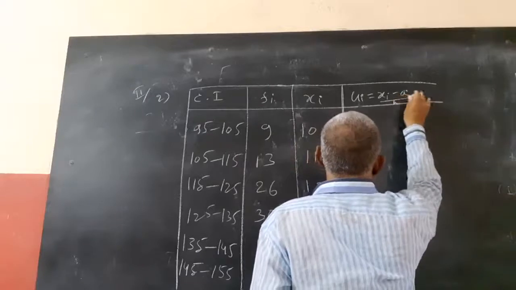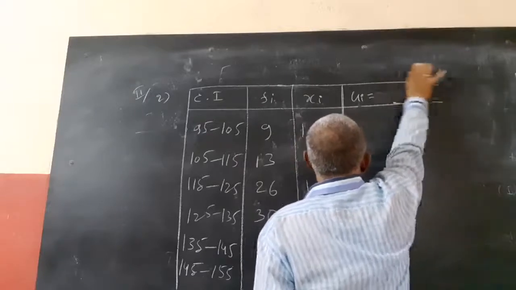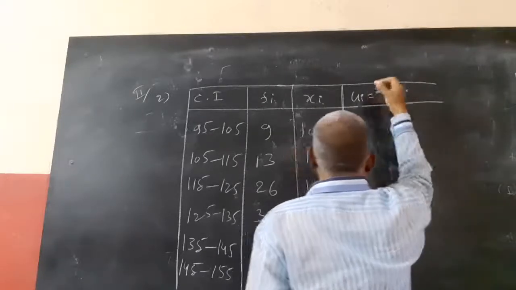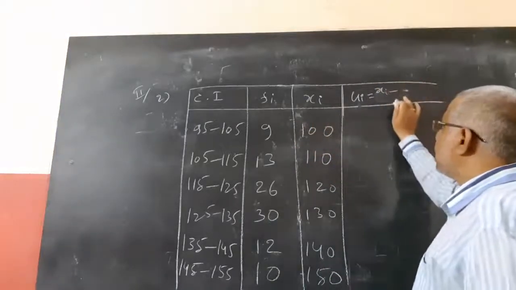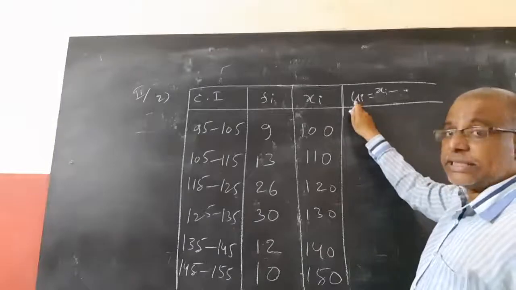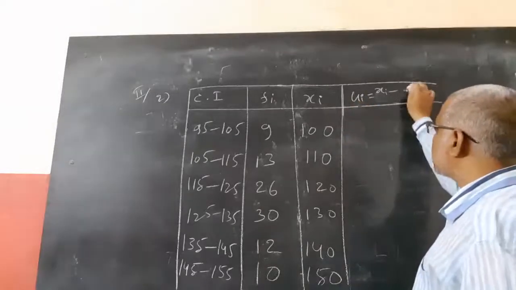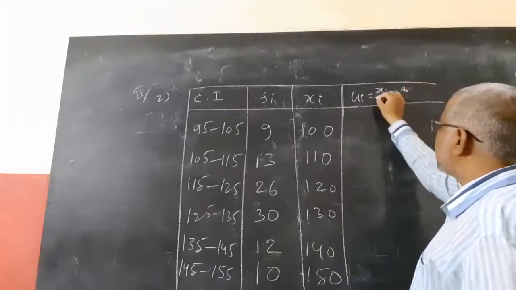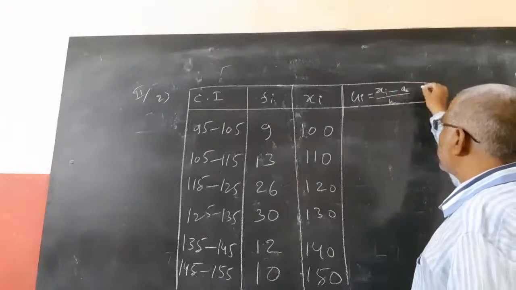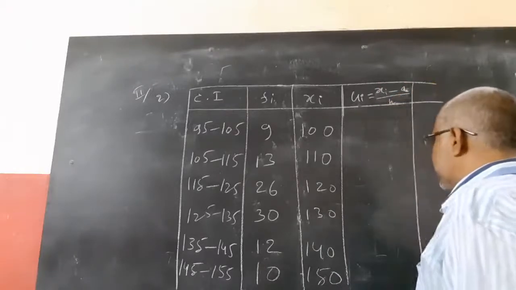In the textbook you will find di; ui or di are one and the same, it doesn't matter. Its value is xi minus a by h.